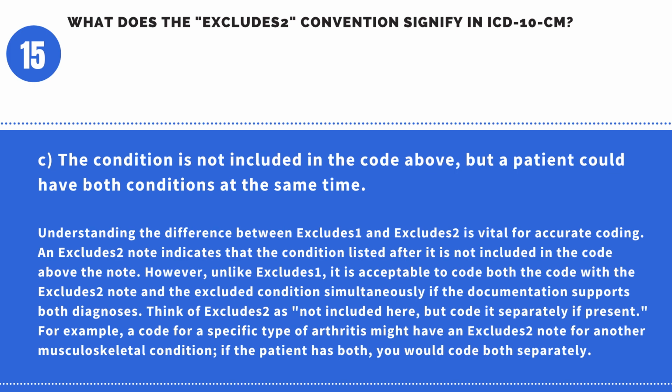However, unlike Excludes1, it is acceptable to code both the code with the Excludes2 note and the excluded condition simultaneously if the documentation supports both diagnoses. Think of Excludes2 as not included here, but code it separately if present. For example, a code for a specific type of arthritis might have an Excludes2 note for another musculoskeletal condition. If the patient has both, you would code both separately.